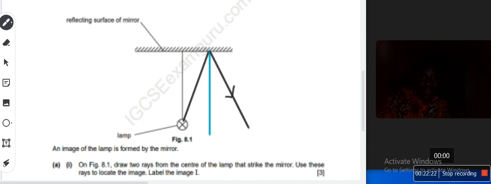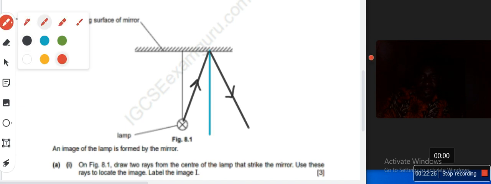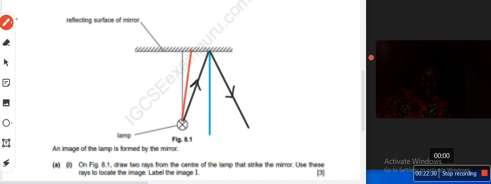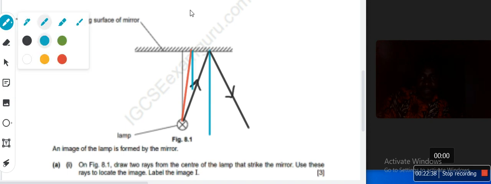You show your arrows. You can draw another ray, use a different color, that strikes like this. Also the ray reflects back. Of course you can draw a normal here too. The ray reflects back.